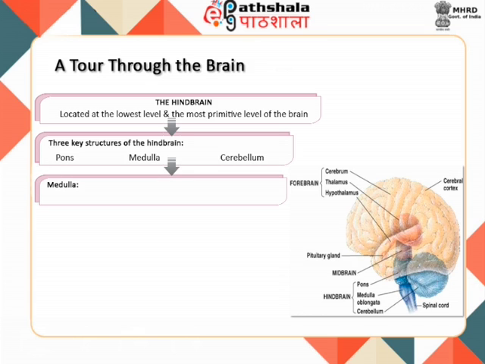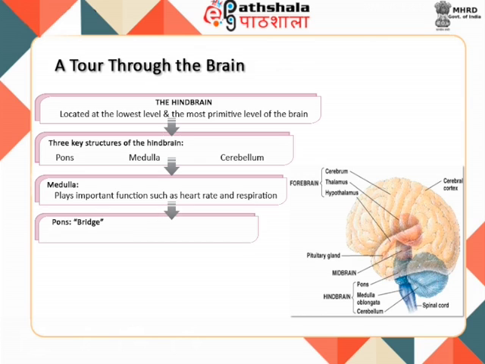The medulla is present at the time of birth and plays important functions such as heart rate and respiration. The pons, in Latin, means a bridge, and lies just above the medulla. The pons includes multiple neurons which help in regulating sleep and also control vital functions like respiration.